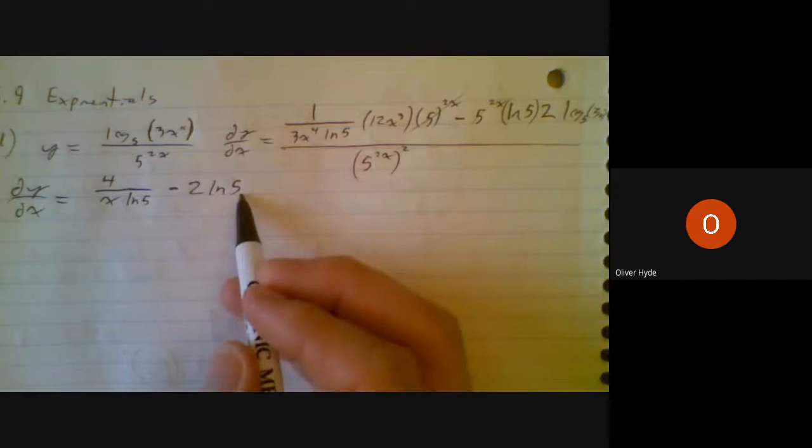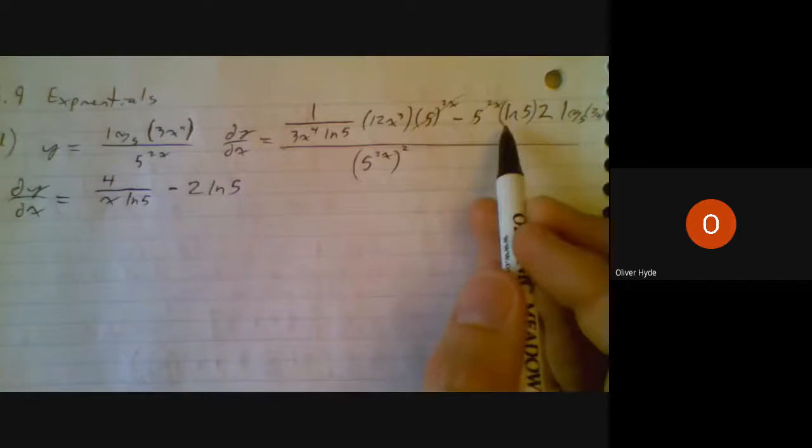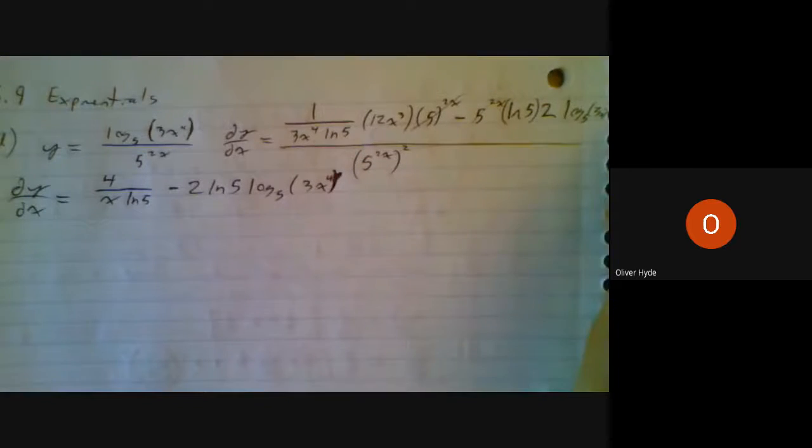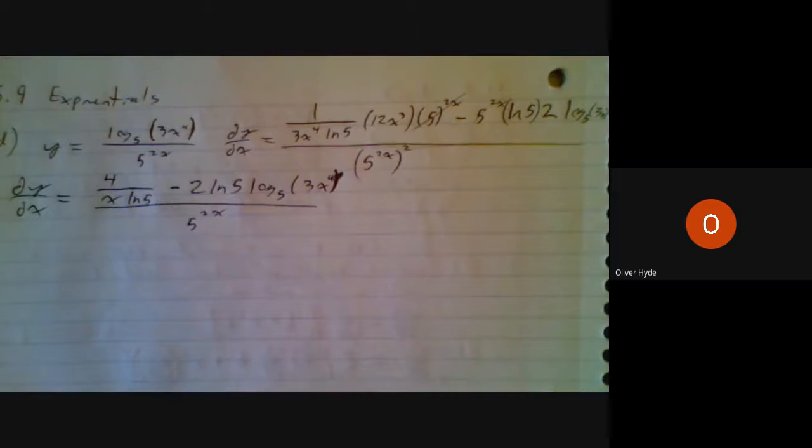And that's why it's not going to show up on this expression here. So I've got 2 ln 5 times log base 5 of 3x to the exponent 4, and that is now all over 5 to the exponent 2x.